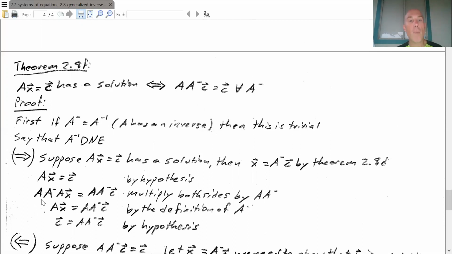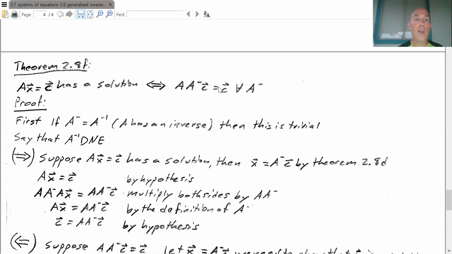Now I'm going to multiply both sides by A generalized inverse of A. Well, that is just equal to A by the definition of generalized inverse. So this becomes A times X. Then by hypothesis, A times X is equal to C. So I can replace this with C, and I get this. Boom, I've got the right-hand side.